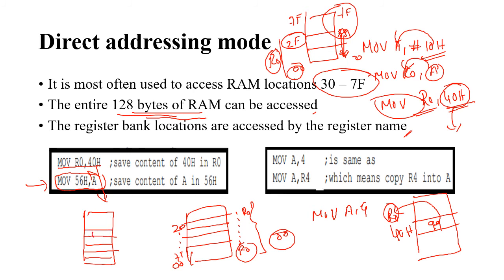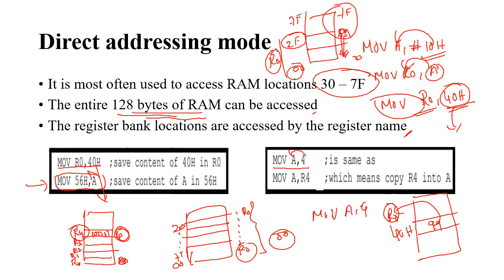Let me take 100H as the content of address 4. The address 4 is nothing but R4, after R0, R1, R2, R3. So when you use the instruction move A comma 4, the content present in 4 is copied to the accumulator.